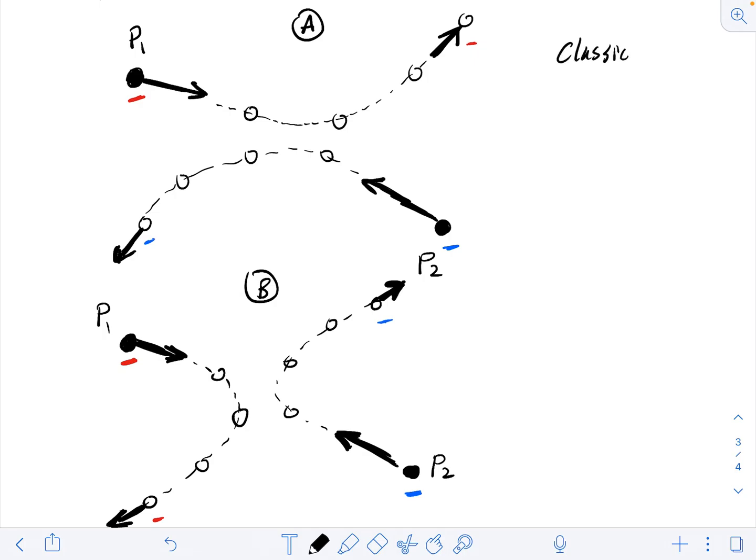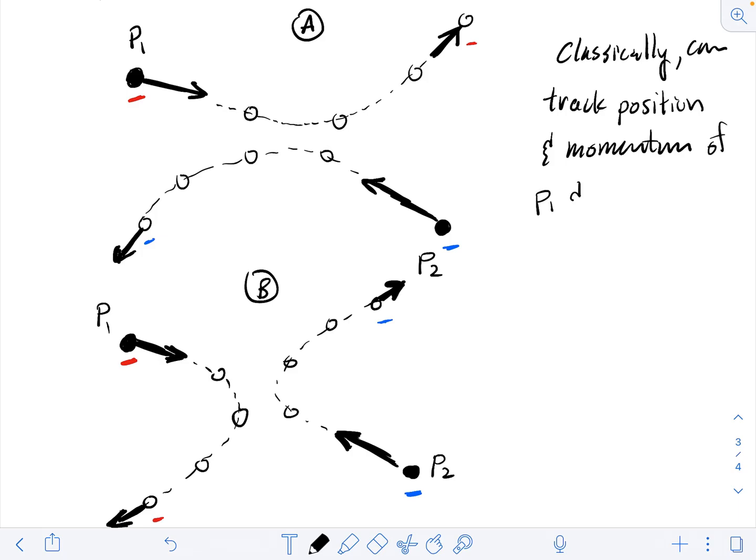So classically, we can track the positions and momentum of particle 1 and particle 2 with arbitrary precision.